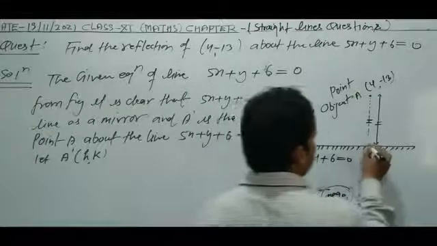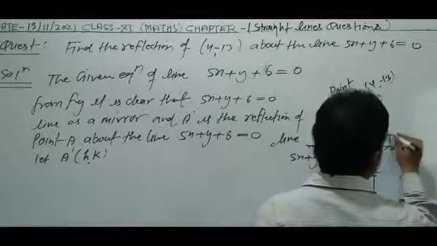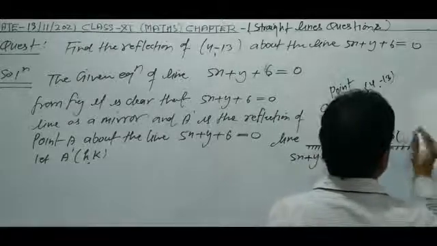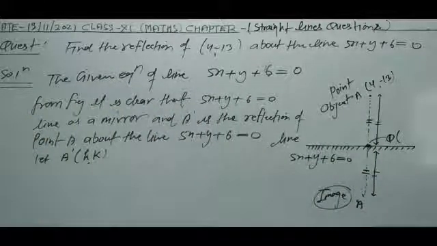Now consider this point Q. Q is the midpoint of AA dash.